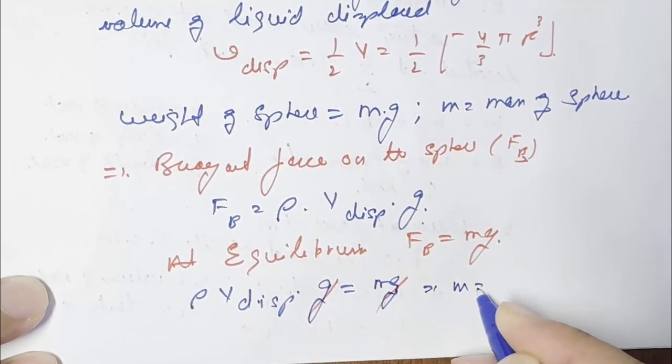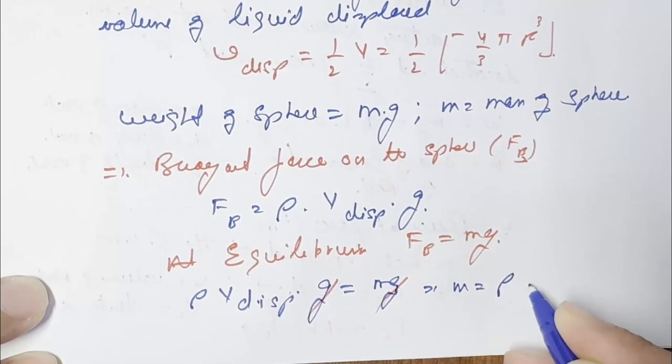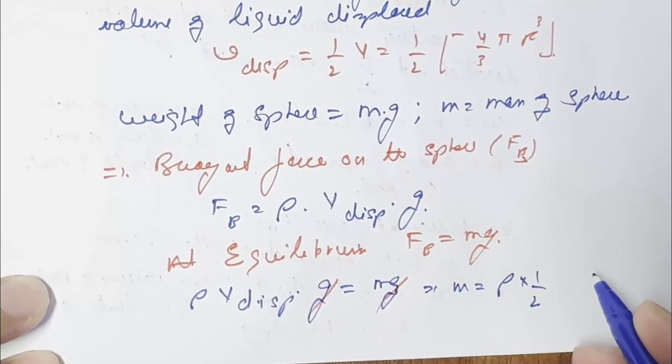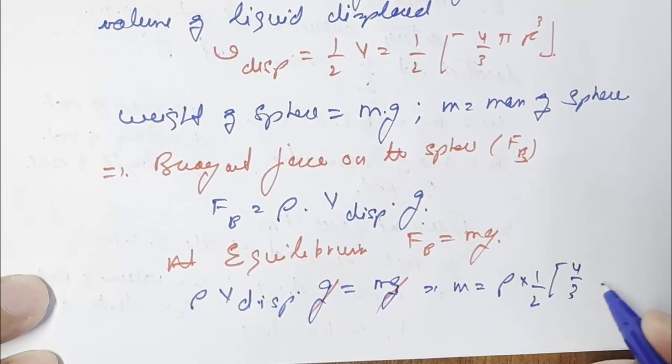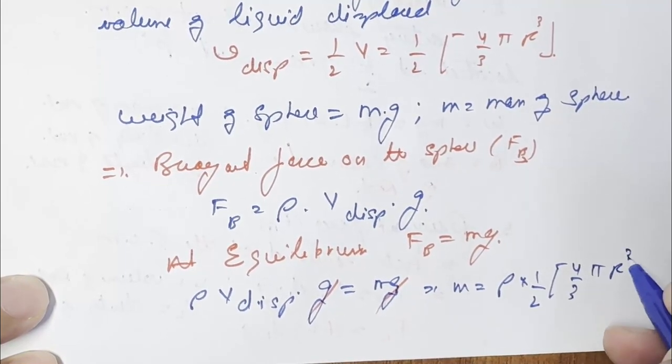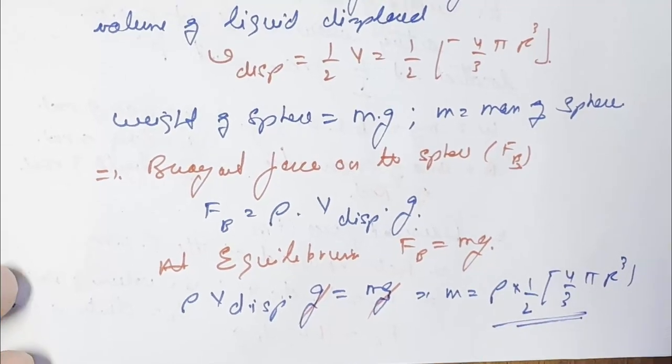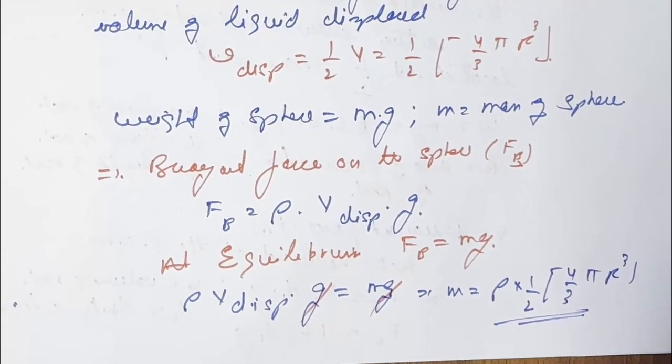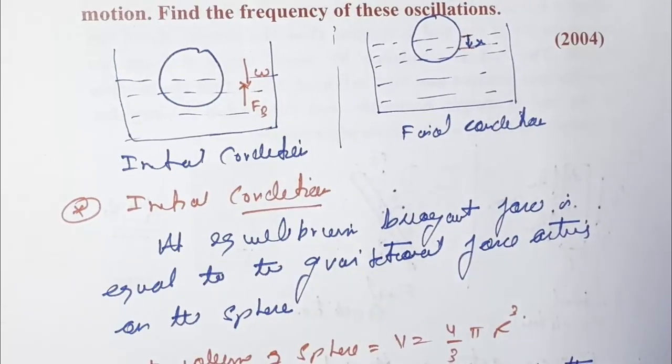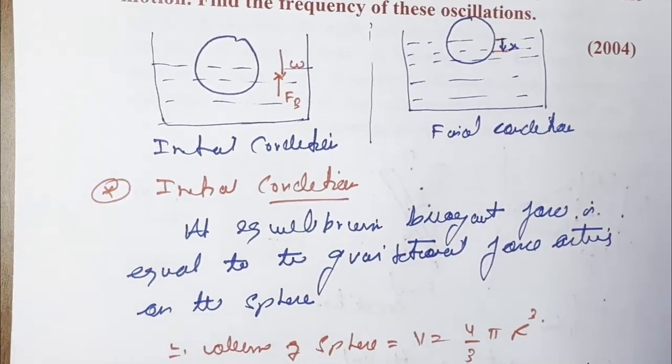So from here we get m is equal to rho multiplied by half of 4 by 3 pi r cube. So this is the mass of the sphere, with respect to the amount of the liquid that is being displaced by the sphere.